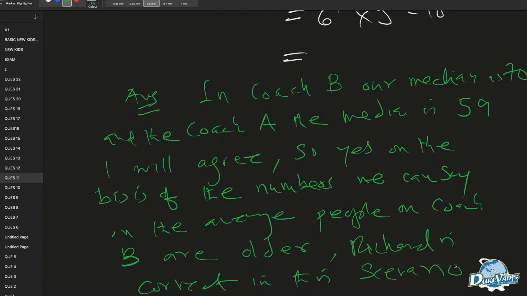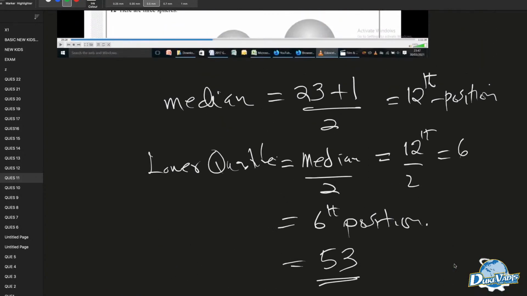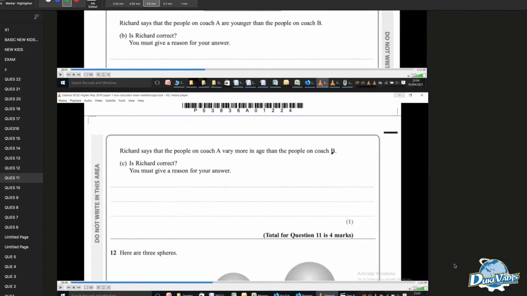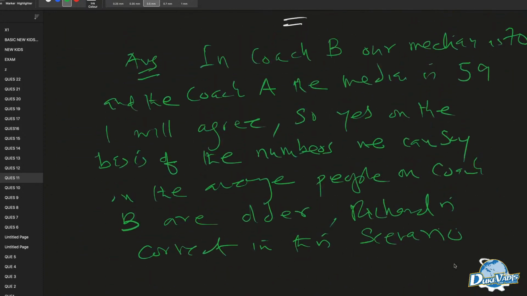Let's see what the question continues with. The last part says C. For the first question, that's the B part, what we answered.